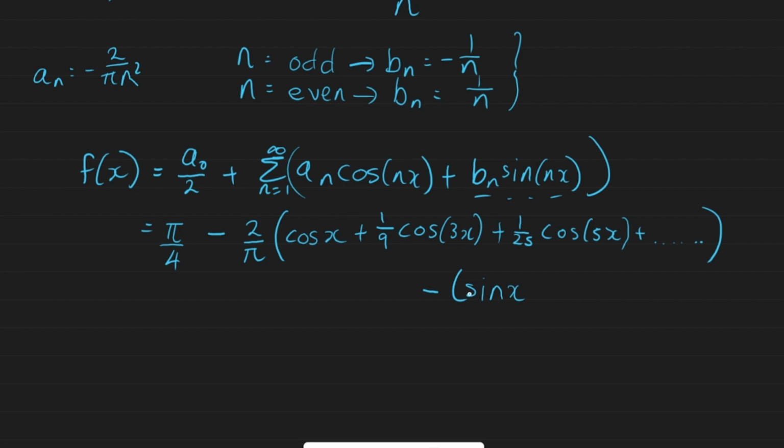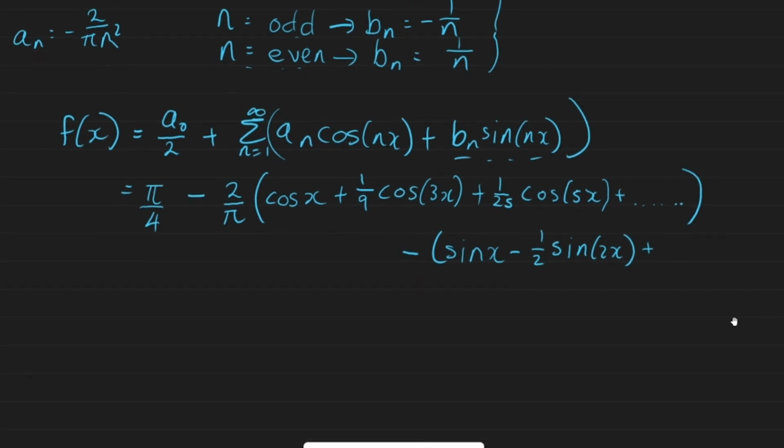So a minus and a plus will give us a minus. So therefore, for odd numbers, we have negative, so that corresponds. So now for the first even number, we'll say minus, so a minus and a minus gives us a plus. That will correspond to the positive for the even number. So we have 1 over 2 times sine of 2x, and it carries on like that, 1 over 3. So every alternate coefficient will alternate between positive and negative. So we have plus 1 over 3 sine 3x, and so on.